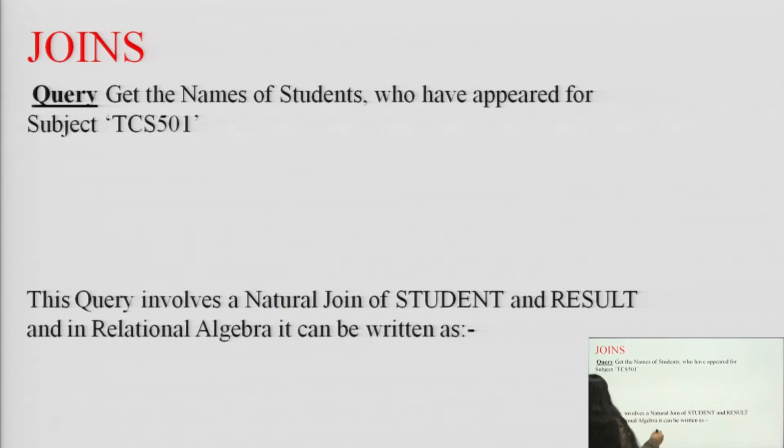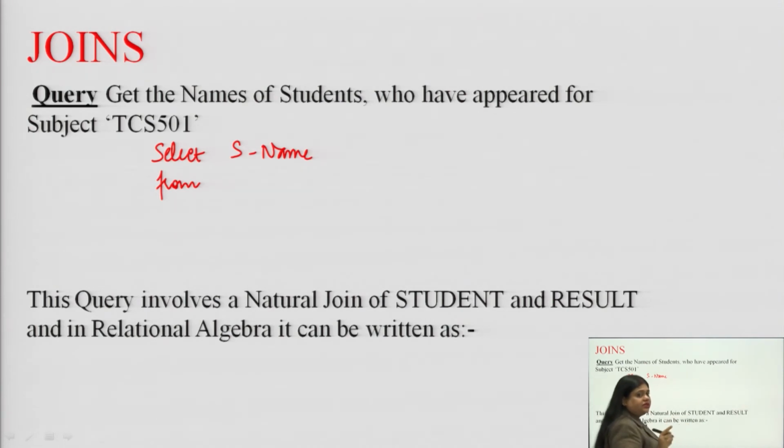We will write select student name from two tables we are joining. What are the two tables? The student table and the result table.